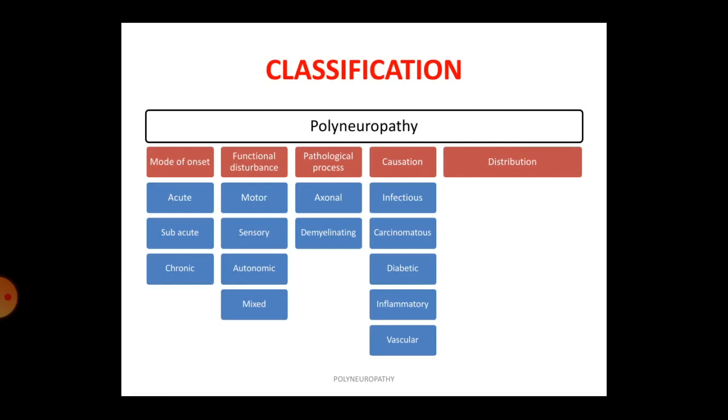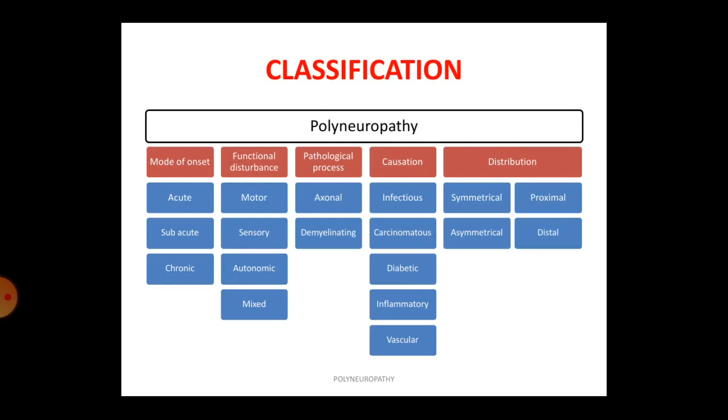All these are inflammatory processes in the body that may affect our nervous system. And vascular, that is nothing but vasculitis, may lead to polyneuropathy because the blood supply to nerves will be lost gradually.